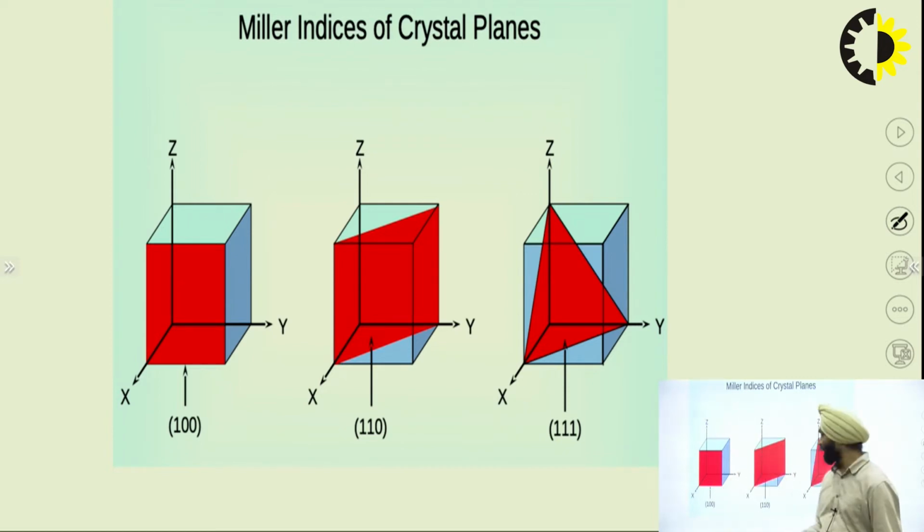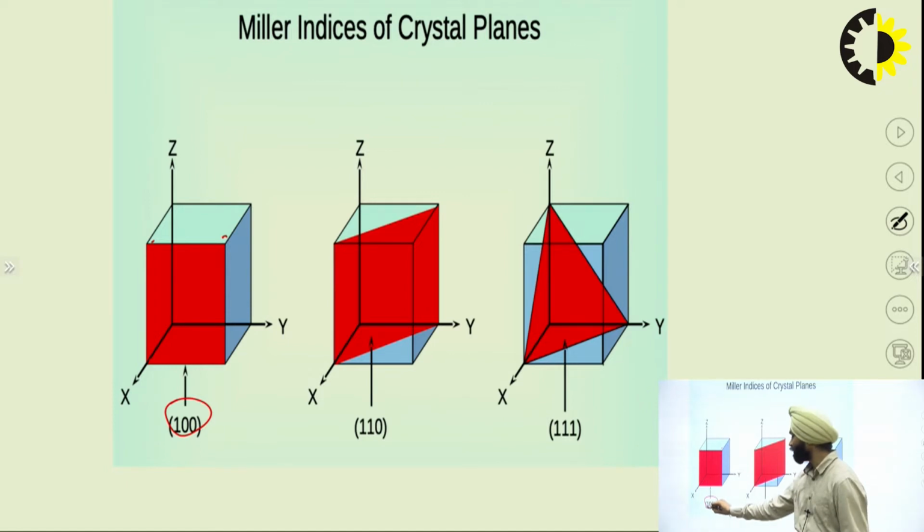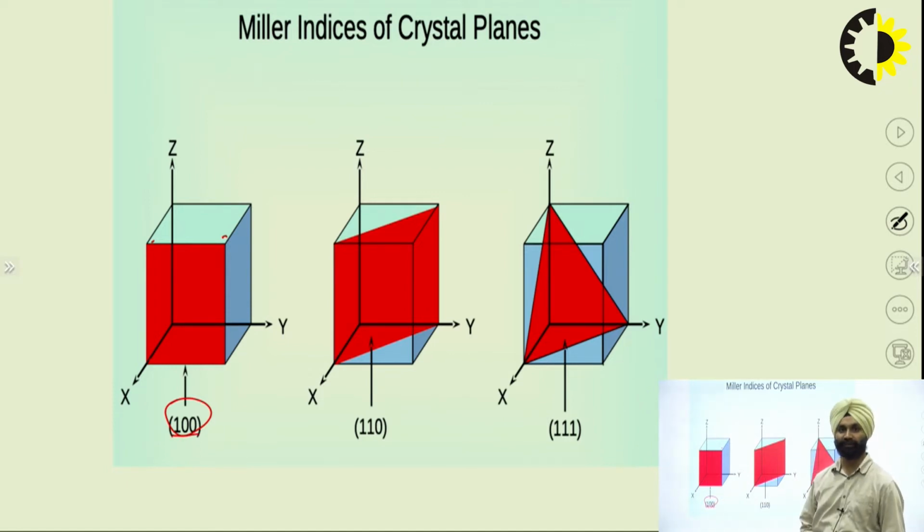For the simple lattice structure, we have seen that these atoms are placed at the corners only. So if we see, this has 1, 0, 0 as its Miller indices. The structure over here has Miller indices of 1, 0, 0.